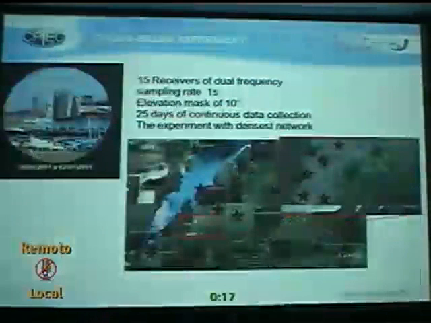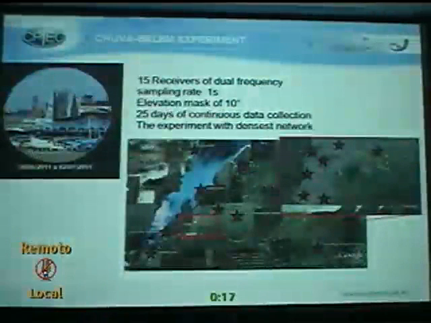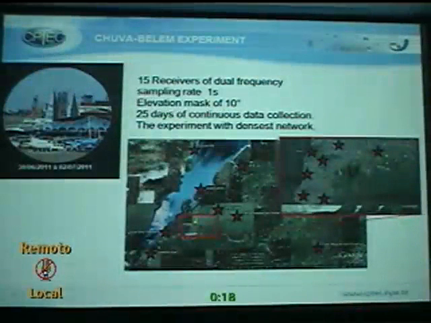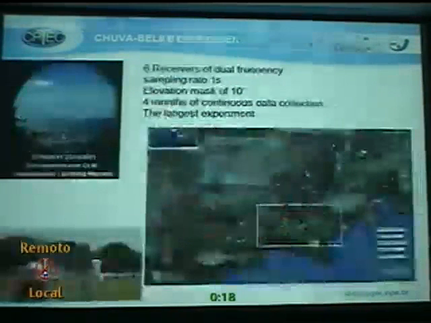And the third experiment is the dataset and network used in Chuva, where 50 receivers of dual frequency were used, and this is the distribution of the receivers in this campaign.